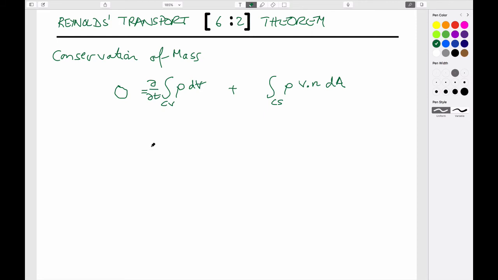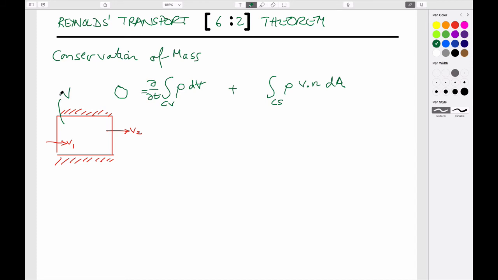If you look at these terms and do this integration, let's draw a simple shape, which would be a box. We could have a velocity 1 and a velocity 2, and we could seal the sides so there's nothing going in, and we could define these terms.